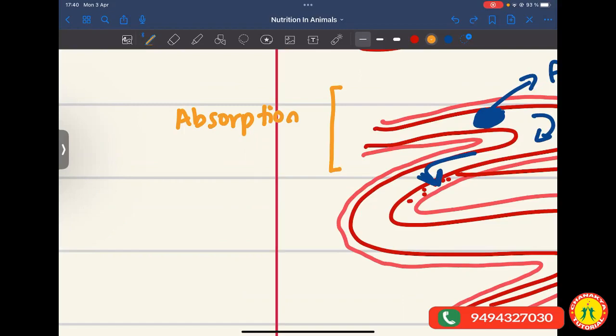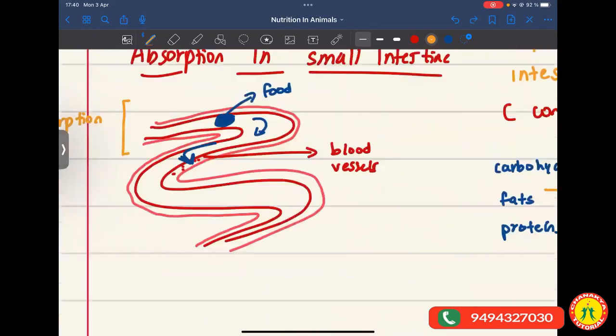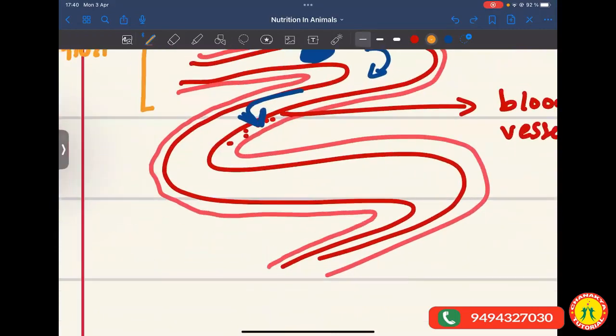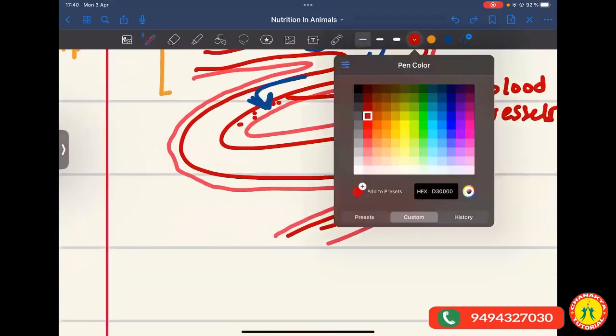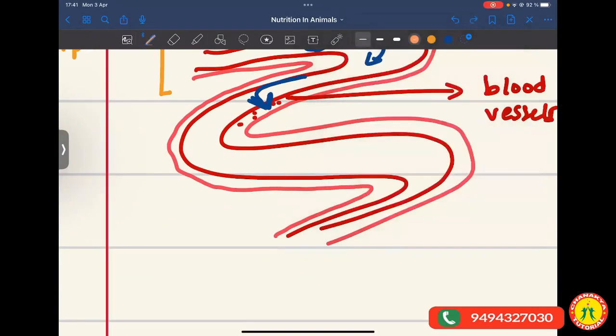This is the meaning of absorption if I ask you. Okay, now the inner walls of the small intestine, you can see this inner wall. Like on your tongue, there are tiny dots. You won't be able to count all of them, right? Similarly, in the inner wall of the small intestine, there are tiny finger-like projections like these. These are present everywhere from the start of the intestine to the end.